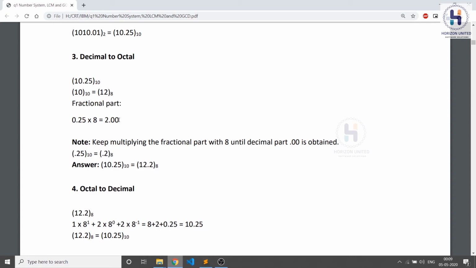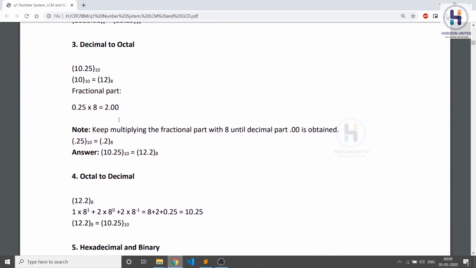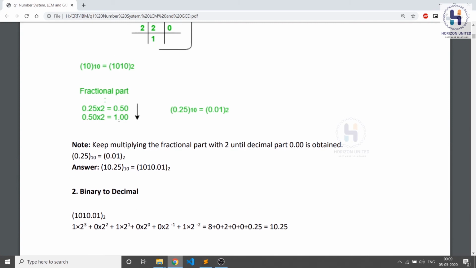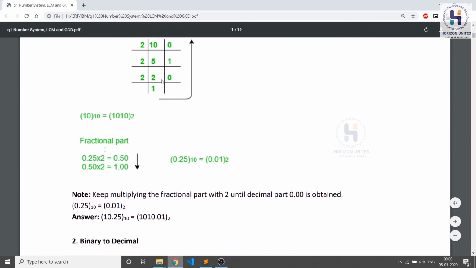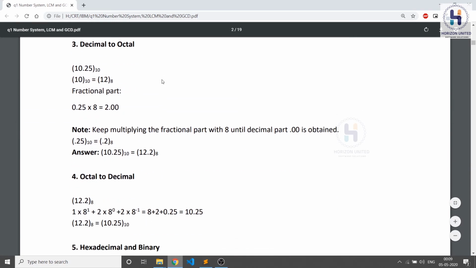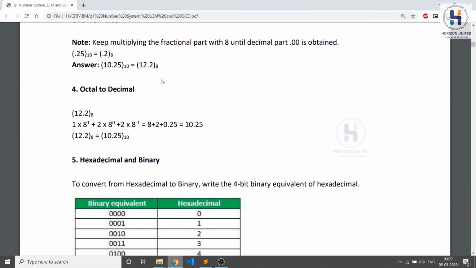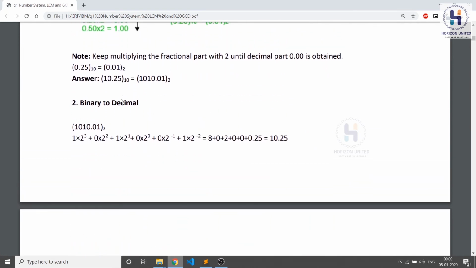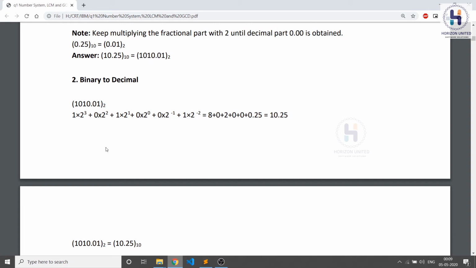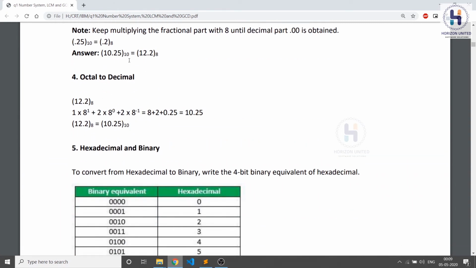Clear? Here we're going to follow the same process which we have discussed for the first one. The same mechanism we're going to apply for decimal to octal. Again, octal to decimal: the second part which we have discussed, binary to decimal, this same mechanism we're going to follow for octal to decimal, right?